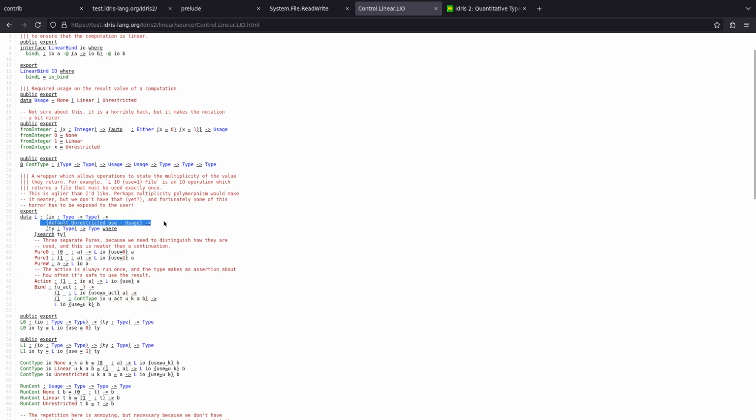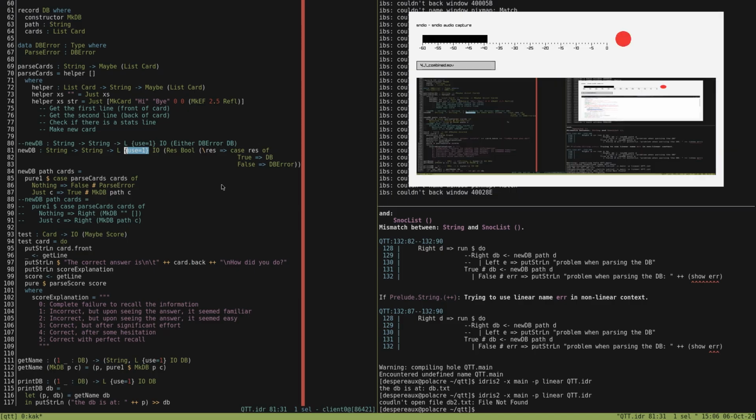So we've got a usage. So here, A should be linear. But I guess A here is that, but then when you pattern match on it, it stops being linear.